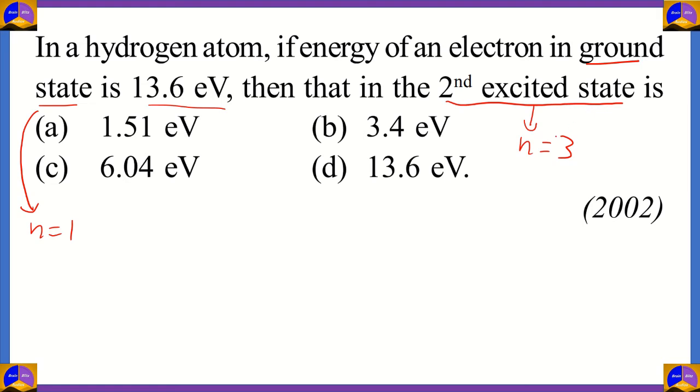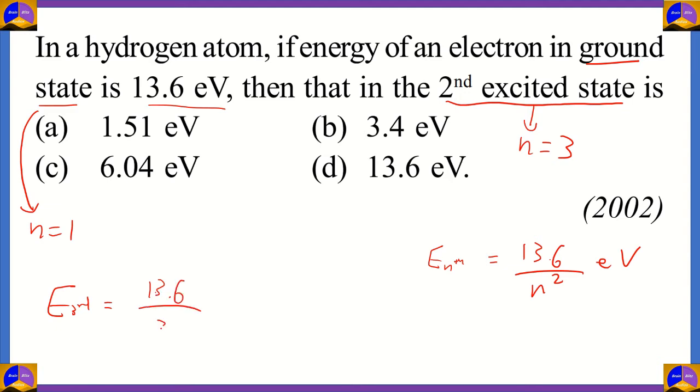So how do we find out the energy in the third orbit? Energy in the nth orbit is given as 13.6 divided by n squared electron volts. So the energy for the third orbit will be 13.6 divided by 3 squared, so that is 13.6 divided by 9.